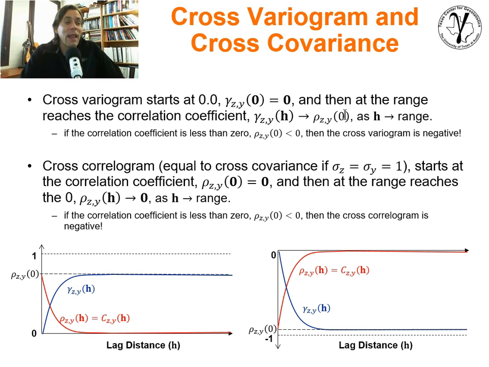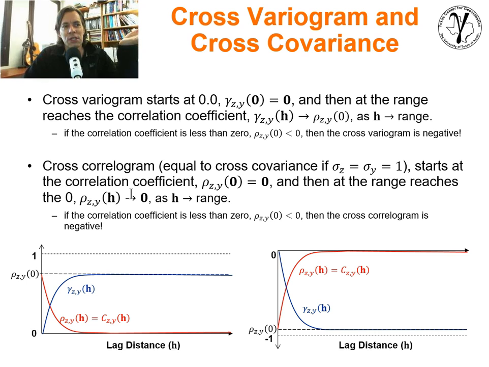Easy. Now, what's very interesting though, is you could have a negative correlation. And if you have a negative correlation, your cross variogram will go negative. From 0, it will go negative. It'll drop until it reaches the negative correlation coefficient, and then it'll level out. That's the cross variogram.